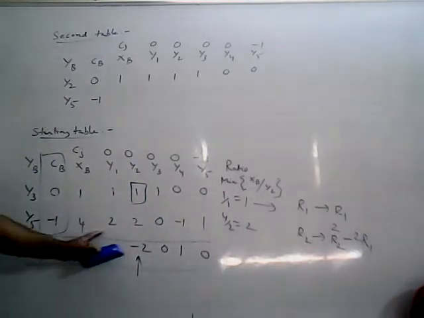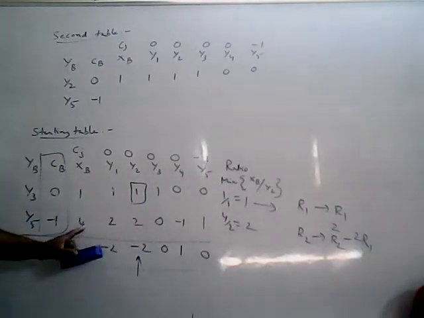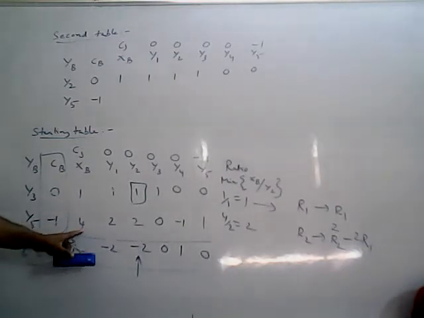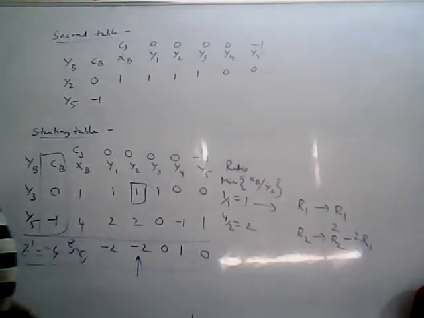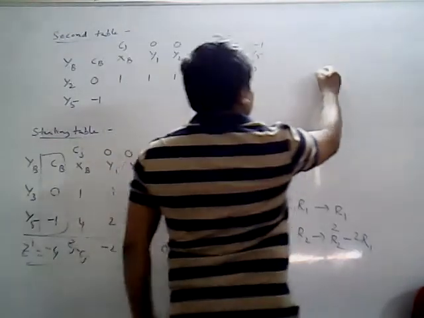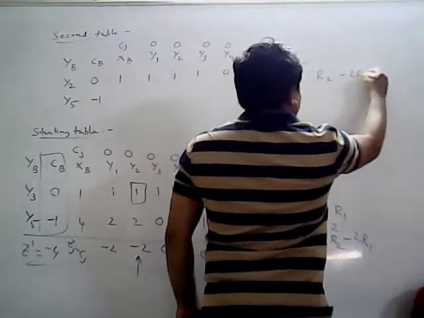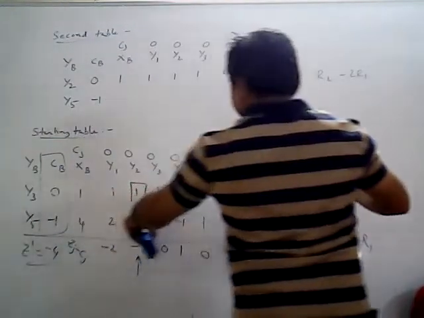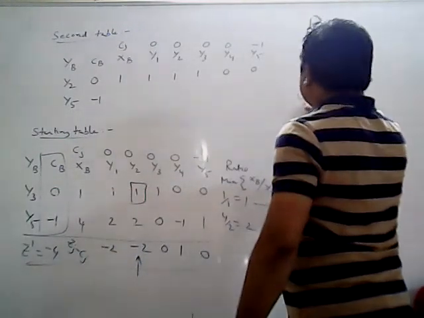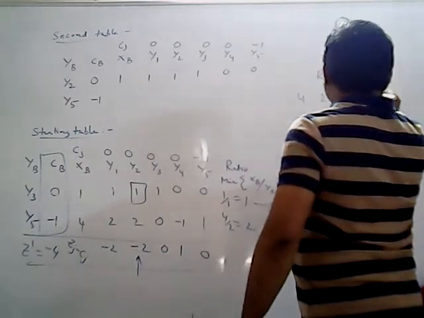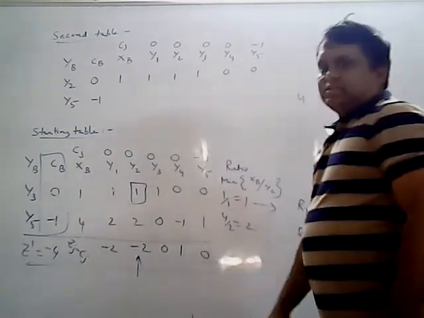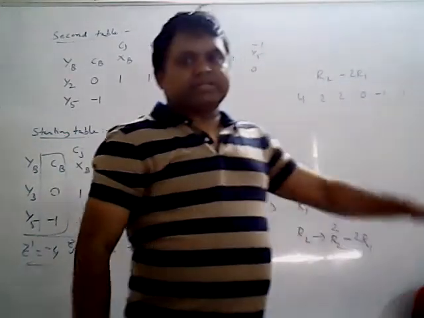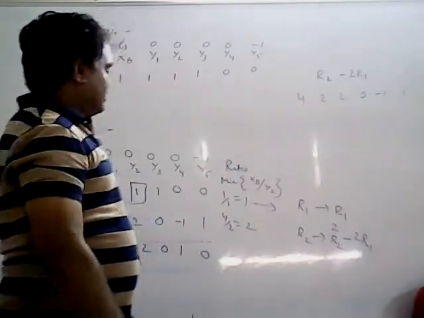Next, R2 is the second operation: R2 minus 2R1. If you want, you can calculate the values in the margin. R2 means the second row, so copy the second row: 4 2 2 0 minus 1 minus 1.